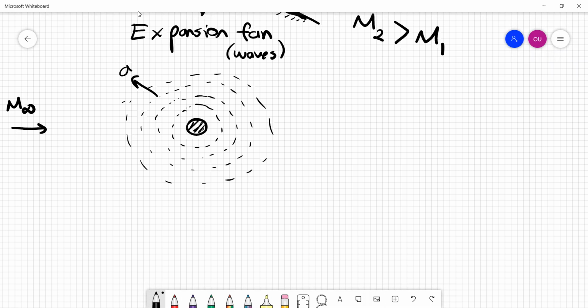So when a fluid particle is approaching this object, let's say coming in from infinity at low subsonic speed, even before it actually reaches the object itself, it first sees these waves coming out from the object, and these waves tell this fluid particle that, hey, look, there's a solid object down there.